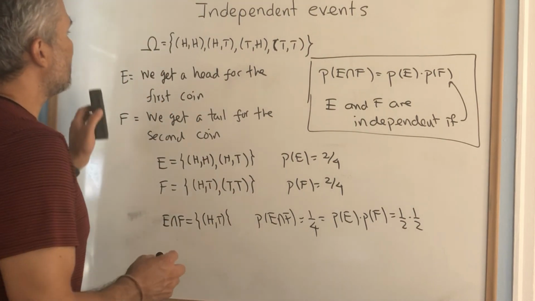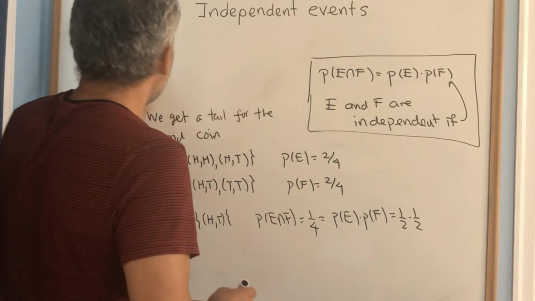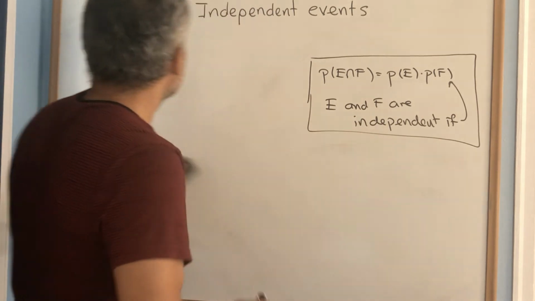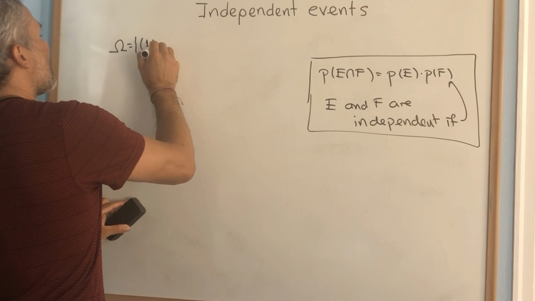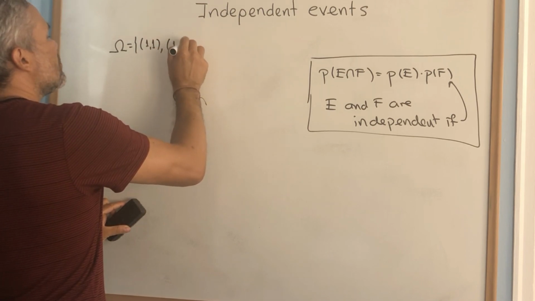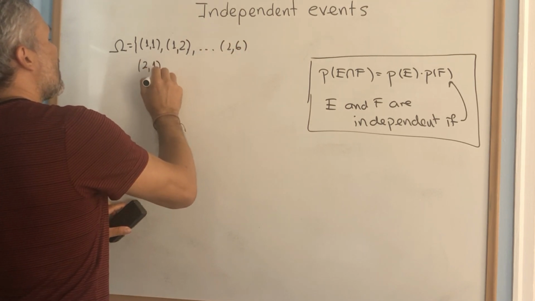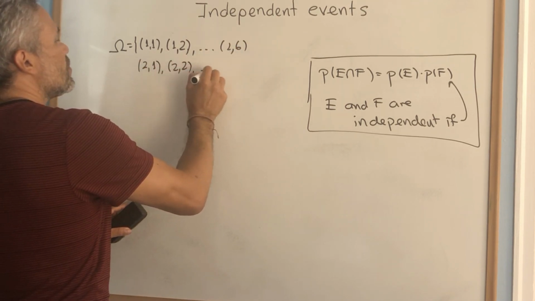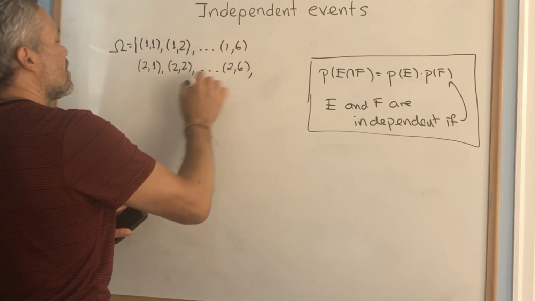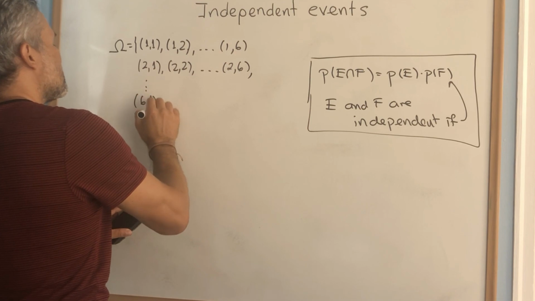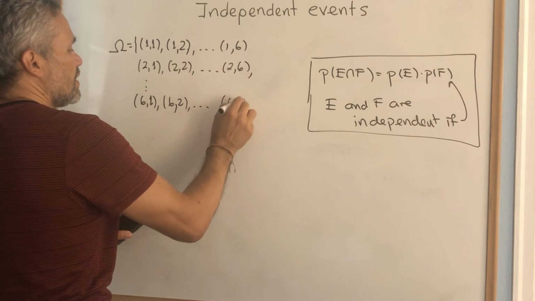Let's finish this video with this experiment. Let's suppose that we roll 2 dice. Then in this case, the sample space is 1,1; 1,2; up to 1,6; 2,1; 2,2; up to 2,6; and so on until 6,1; 6,2; up to 6,6.